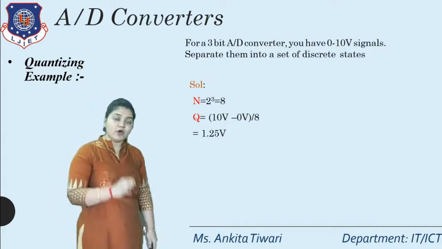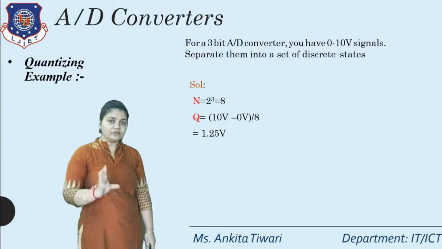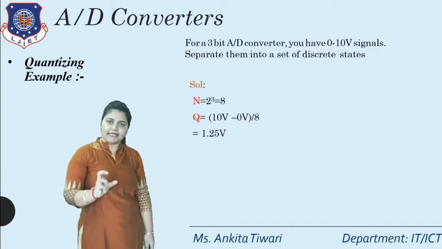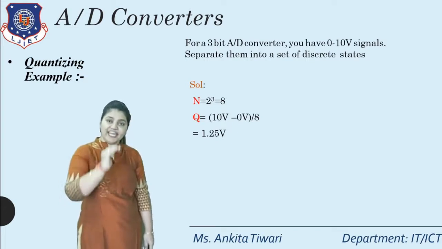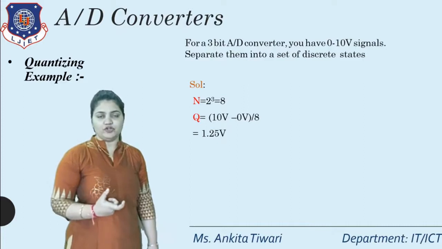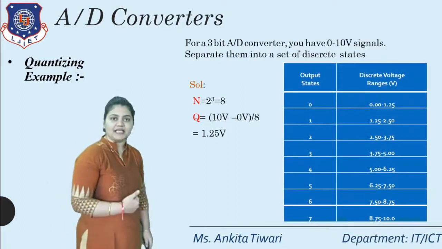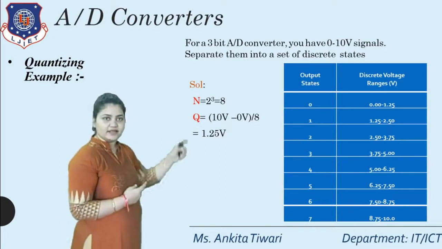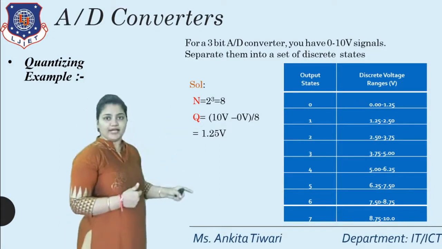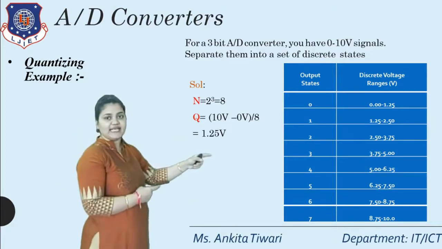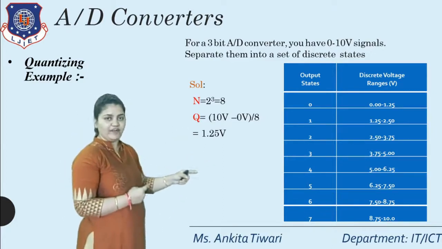Okay, now we have 1.25 volt, so we got the size. Now we will divide these 8 levels into 8 possible combinations with a gap of 1.25. So here we will get a table, as you can see, with output states and discrete voltage ranges given with respect to the quantization size that we got, that is 1.25 volt.